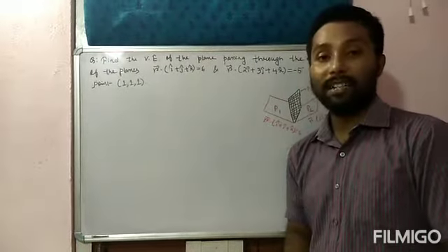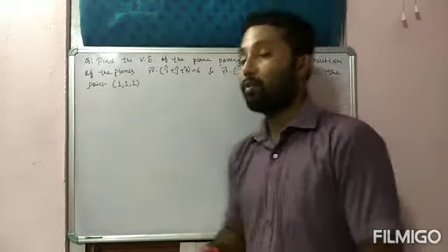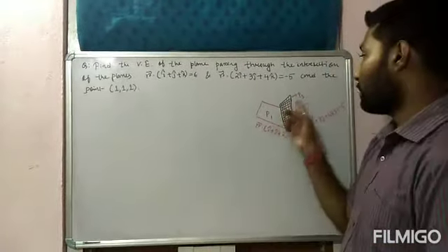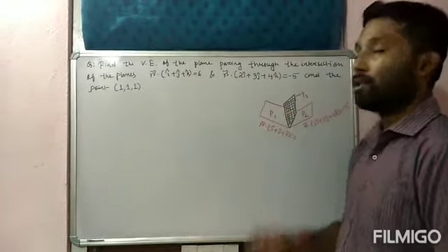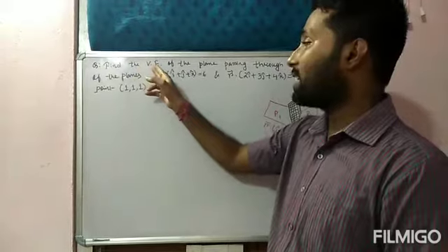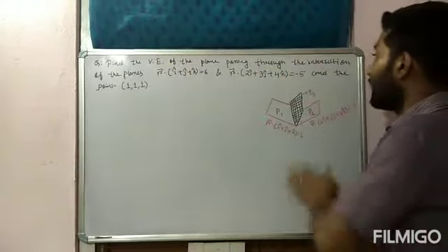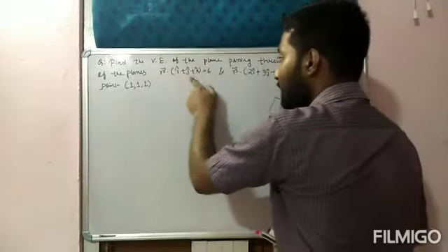So let us take one example of the last part which I have discussed just now, that is the equation of a plane passing through the intersection of the two planes. Okay, so the question is, find the vector equation of the plane passing through the intersection of the planes, these two.